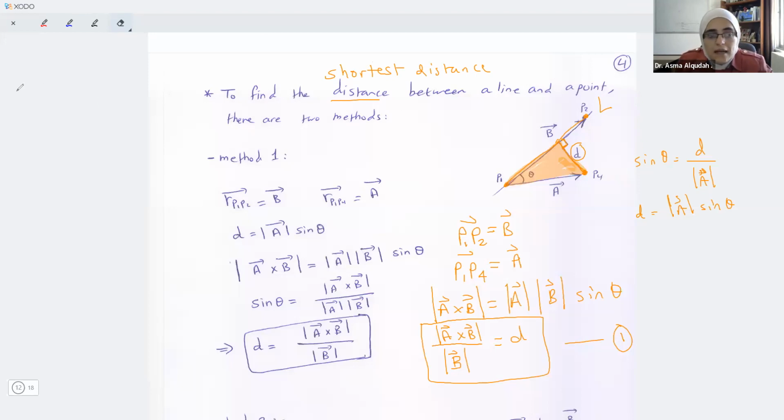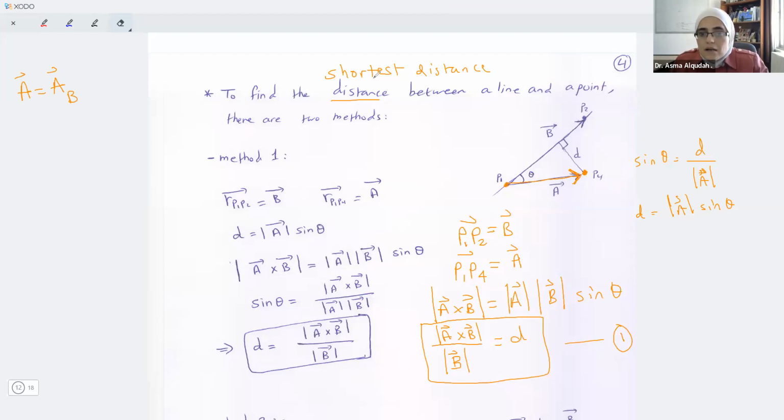If we analyze the vector A into its components, we can say A is equal to the vector addition of A sub B, which is the projection. So this vector A could be looked at as the sum of its components.